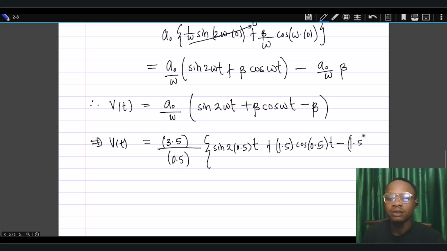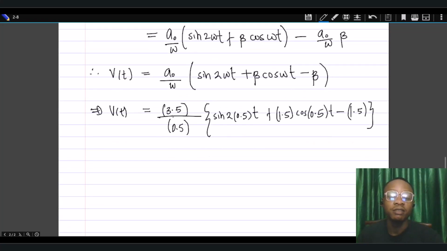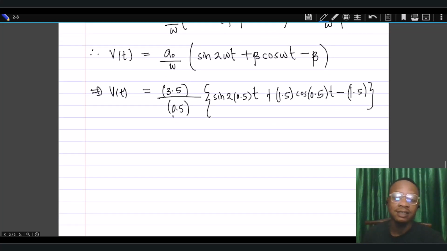All right, we'll close this bracket. So this is 3.5 over 0.5. That is 3.5 divided by 1 over 2. That is 2 times 3.5, which is 7. So this gives us 7. 2 times 0.5, that's 1.